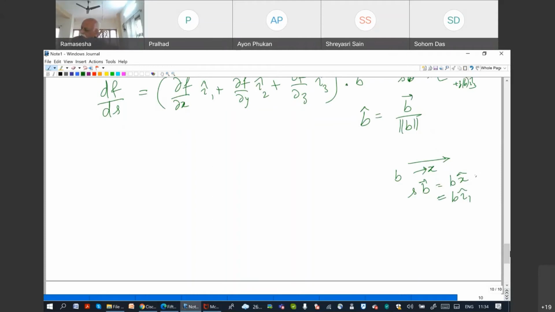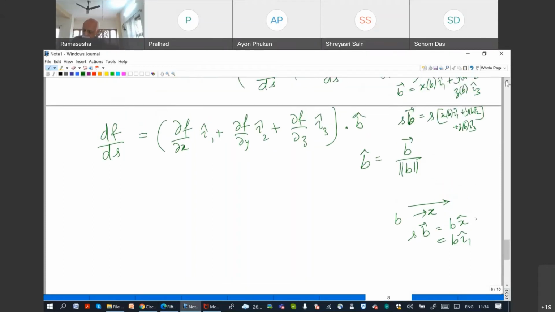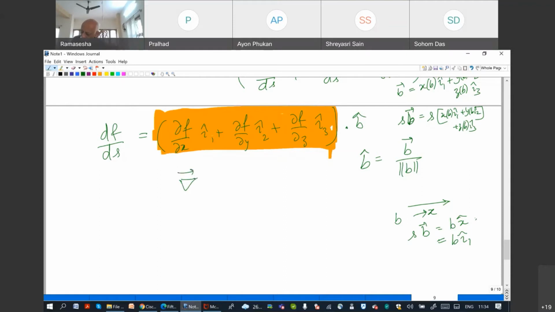Okay, so that being the case, I can call this quantity a gradient of f, del f, it's called. Del f is actually del f by del x, I1, plus del f by del y, I2, plus del f by del z, I3.